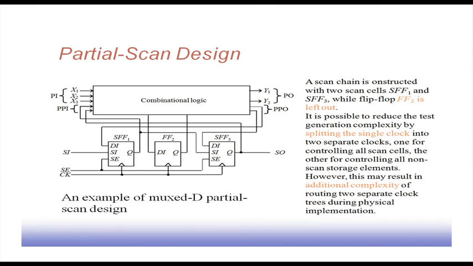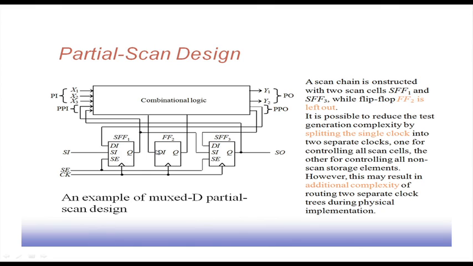This is a case where we have a masked D based partial scan design. Here you see that in the design we have 3 flip flops, FF1, 2 and 3. Out of them, the first flip flop and the third flip flop are converted into scan flip flops, whereas flip flop 2 is not converted into a scan flip flop.